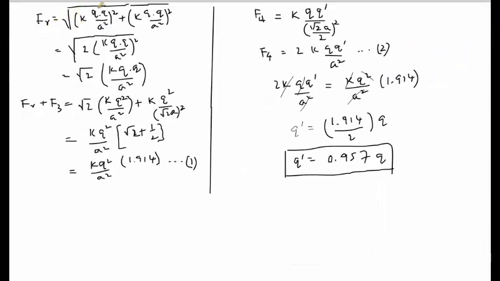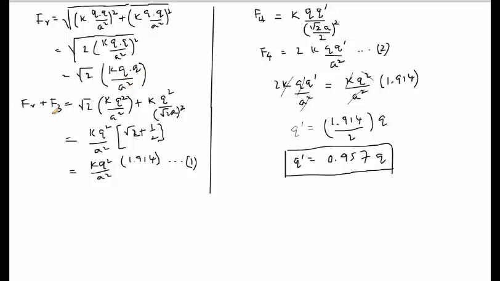Fr is equal to the square root of (k q divided by a squared) whole squared plus (k q divided by a squared) whole squared, because these two charges are exactly equal in magnitude. From this we get Fr equal to square root of 2 times k q divided by a squared.